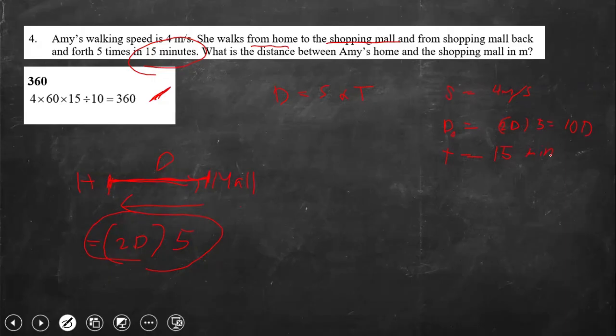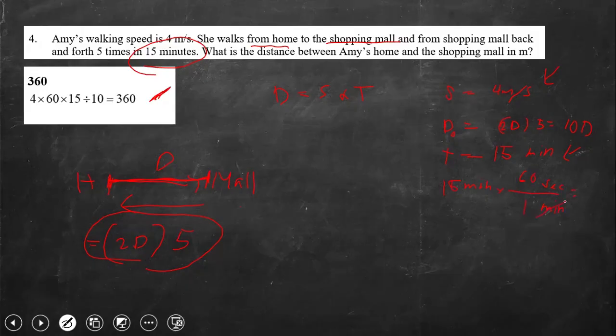Since the speed is in meters per second, let's convert 15 minutes into seconds. So 15 minutes, multiplied by the conversion: there are 60 seconds in 1 minute.